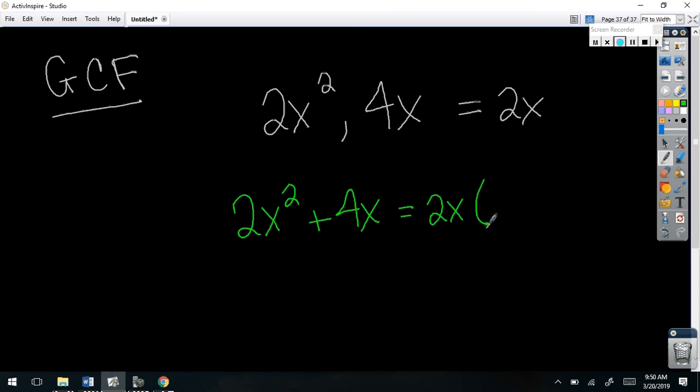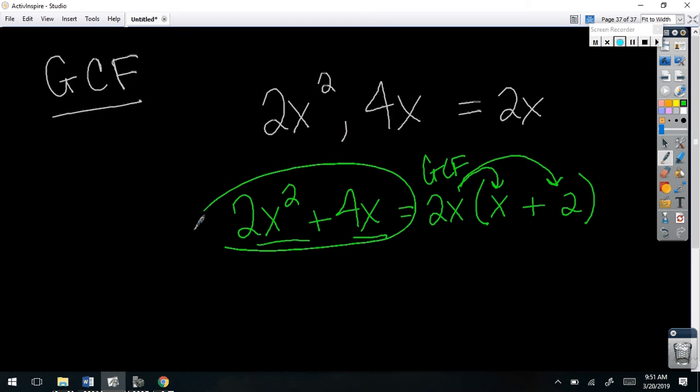What goes in the parentheses? x plus 2. You take the GCF, you put it on the outside, and you divide each one of them by the GCF. That's right. That's a basic form of factoring, because if you were to multiply this back out, would you get what you started with? Yes.